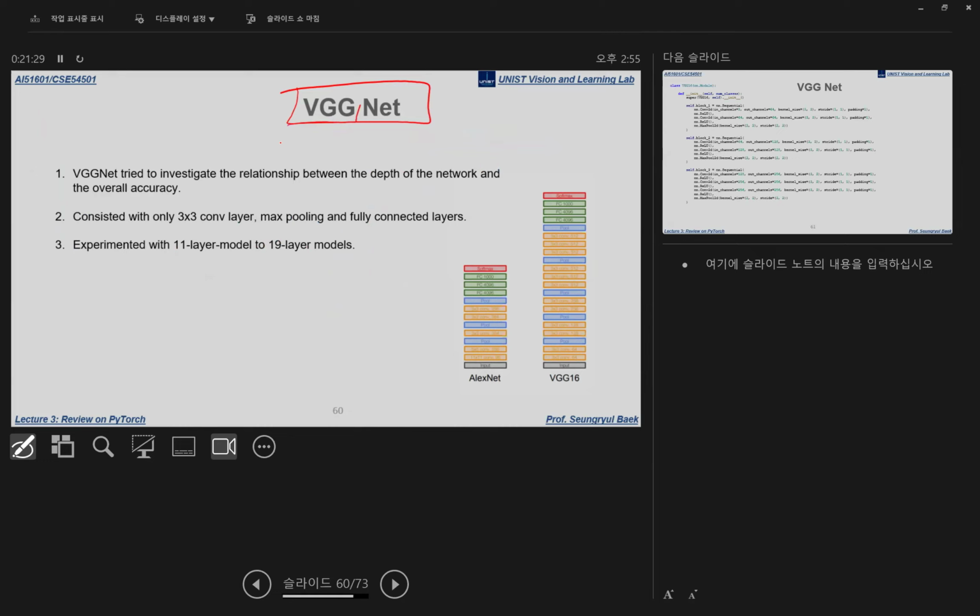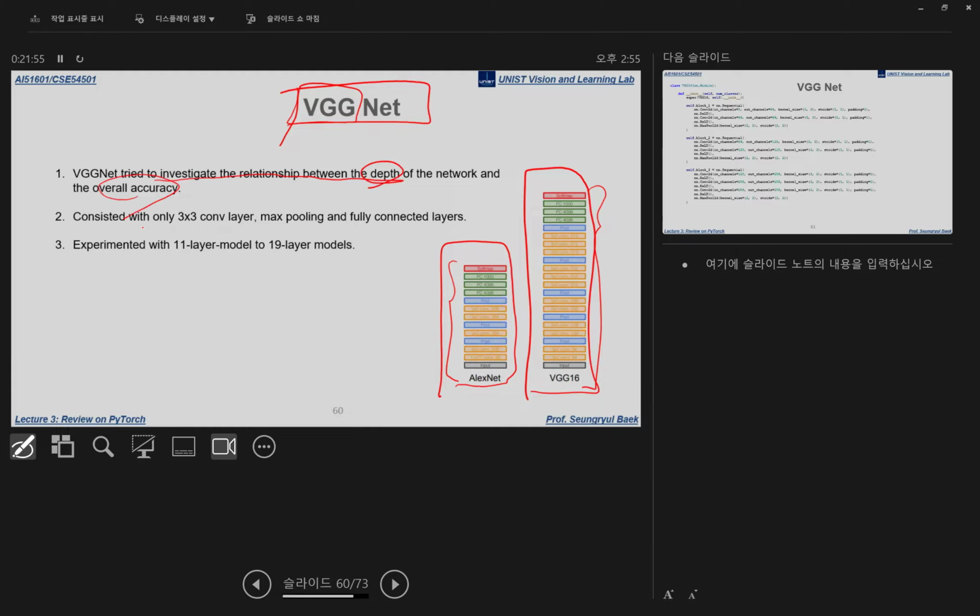And VGG is the name of the lab at the University of Oxford. And you can see, compared to AlexNet, their network is becoming deeper. They try to investigate the relationship between the depth of the network and overall accuracy.